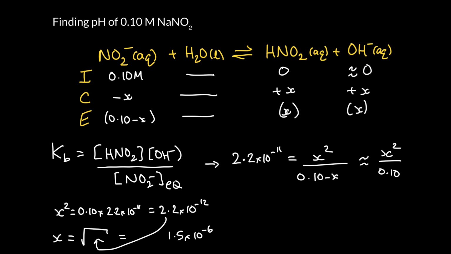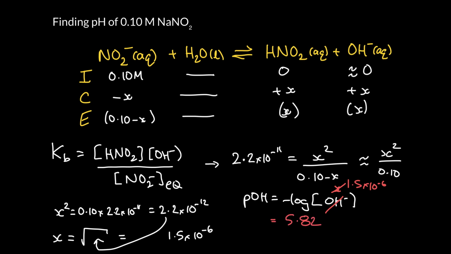All right, what do we want to do? We want to find the pH, and we don't have the H plus concentration, but we have the OH minus concentration, and that allows us to calculate the pOH. So the pOH is the negative log of the hydroxide concentration, and that's just equal to x, which is 1.5 times 10 to the minus 6 molar. And so we can calculate the pOH, that is 5.82.